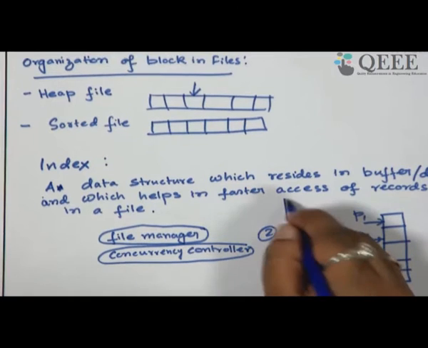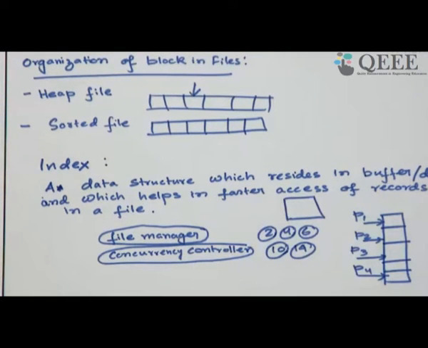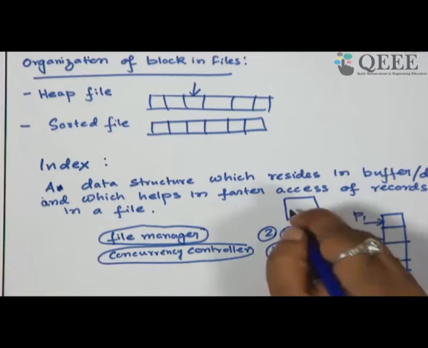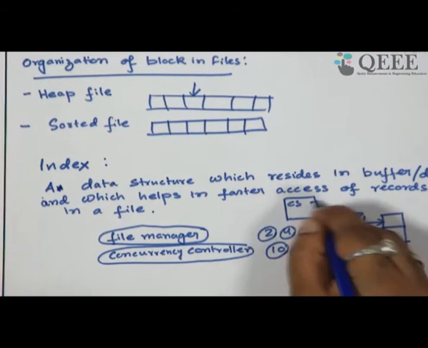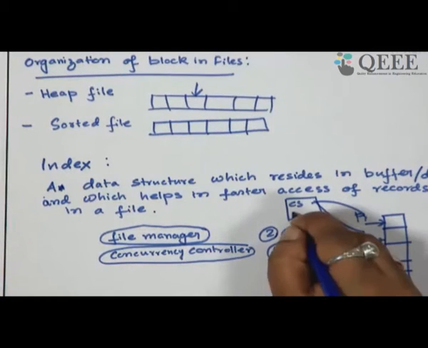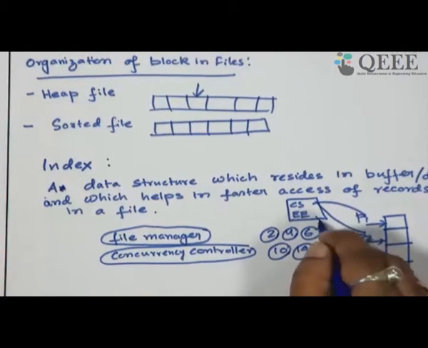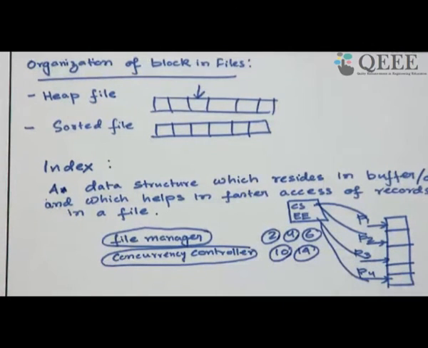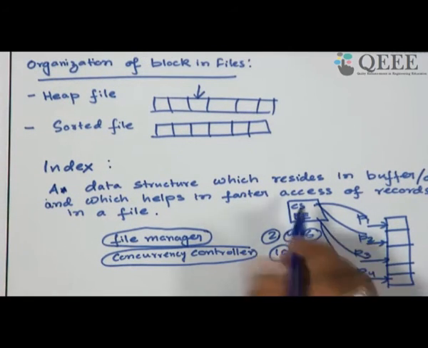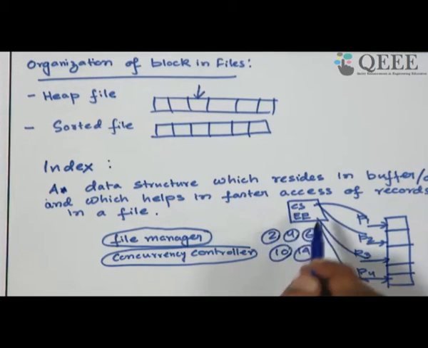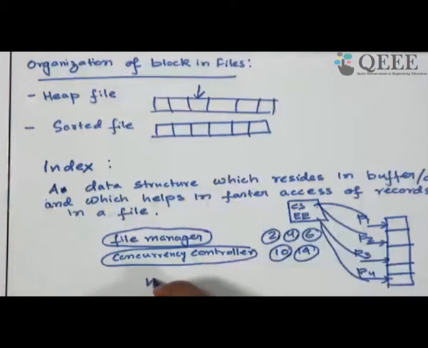And there will be another data structure which tells that the records of all CS students are in pointer P1 and P2, records of all EE students are in pointers P3, P4, and so on. So an index contains an attribute value called a key and a pointer. It is a key-pointer pair.